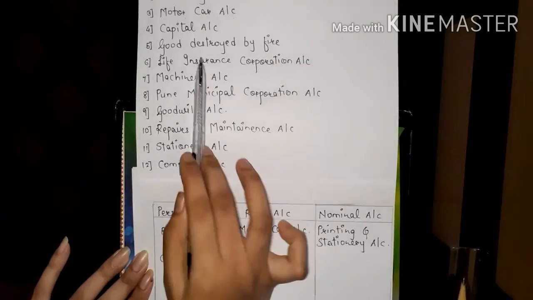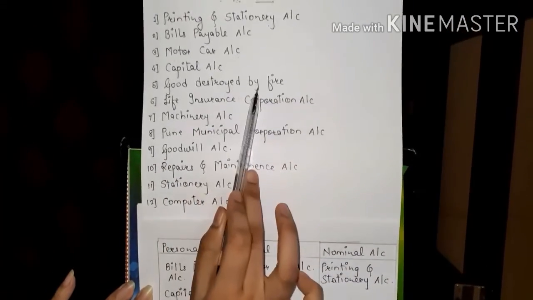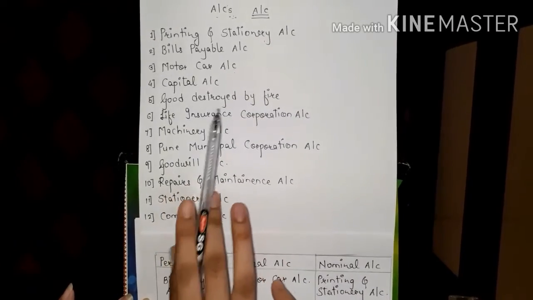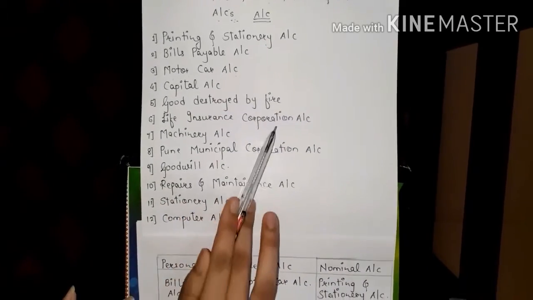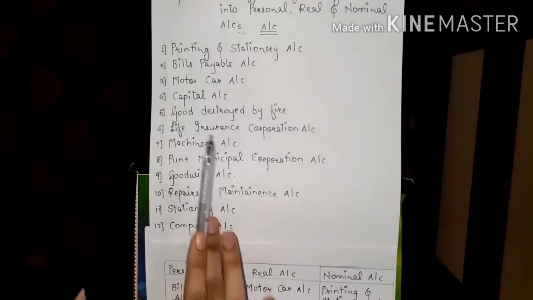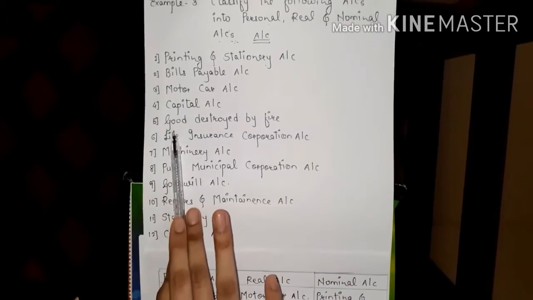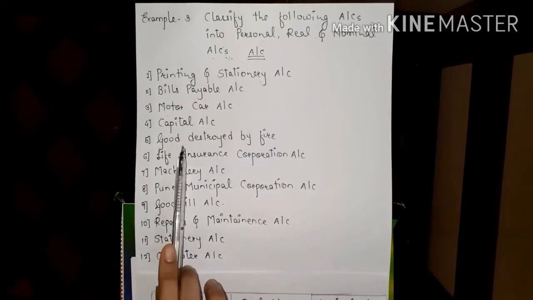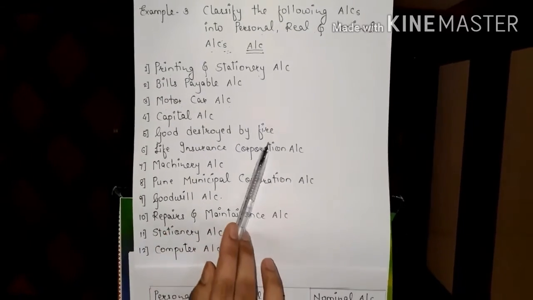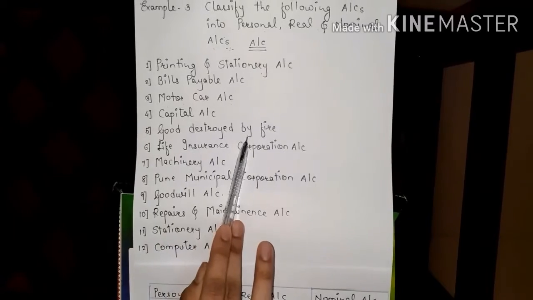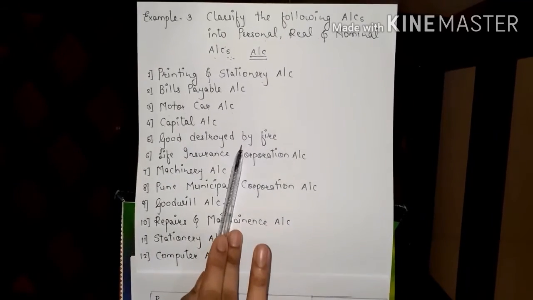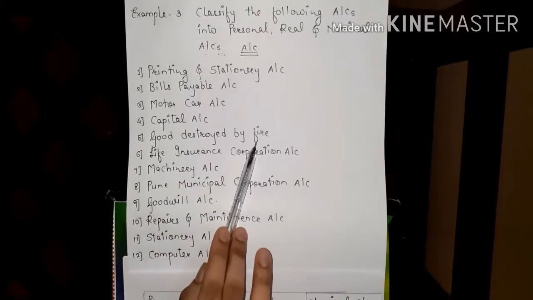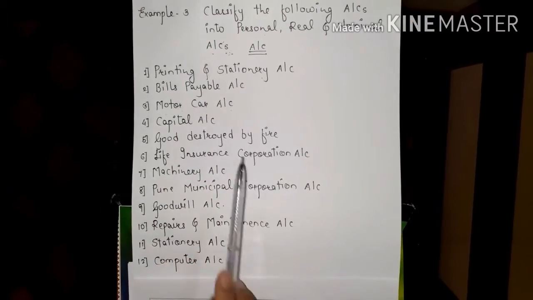Now next, goods destroyed by fire. Now we are imagining we are having a small business. If we are producing some product, some goods, then accidentally it catches fire and is destroyed by fire. Now this is the expense of our business, because the goods we have produced are all damaged due to fire. It is completely destroyed by fire.